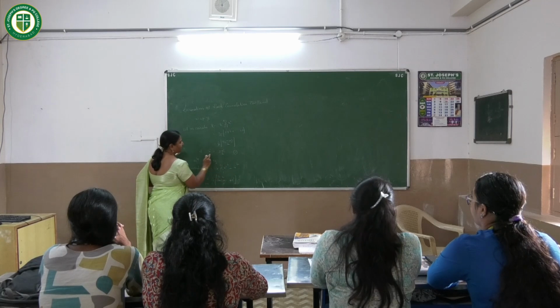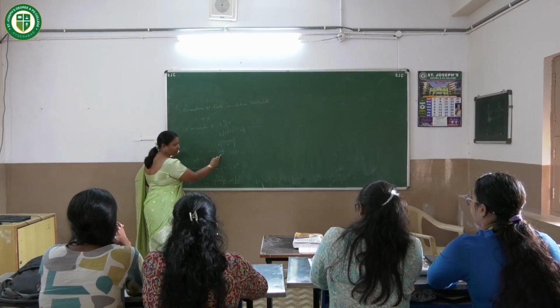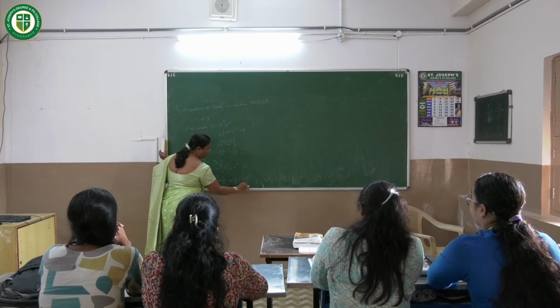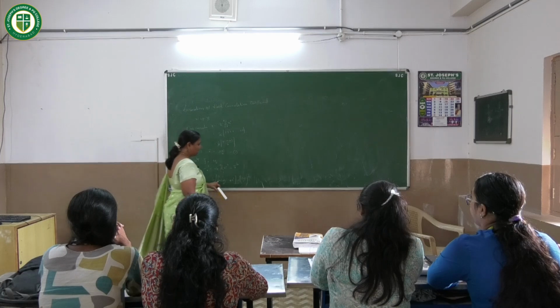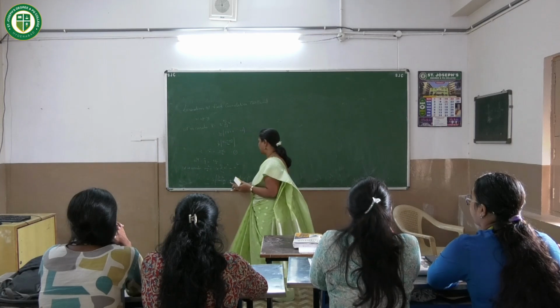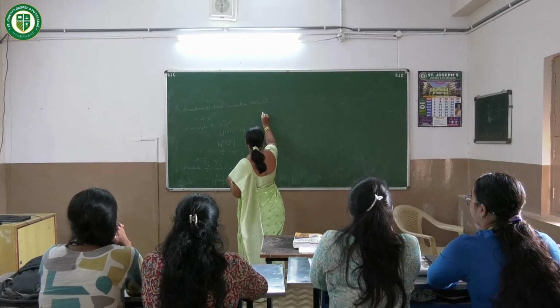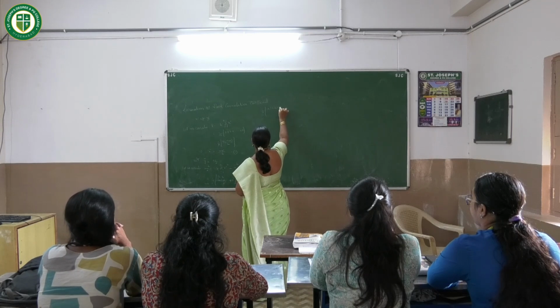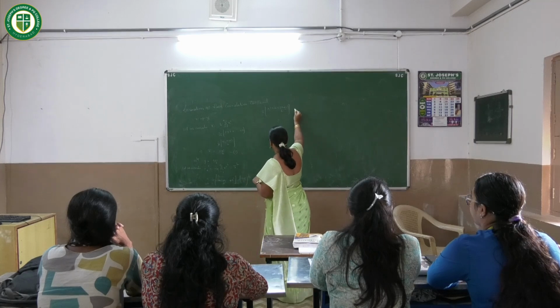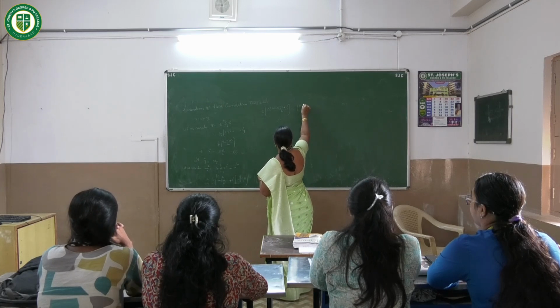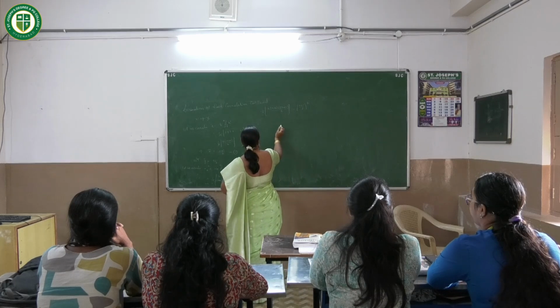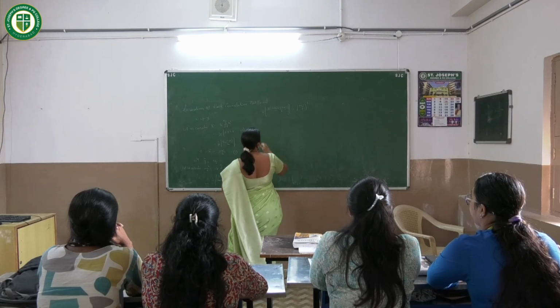Already we know the x bar value is n plus 1 by 2. Substitute this value, n plus 1 by 2 whole square. Sum of squares of n terms. This becomes 1 by n into n into n plus 1 into 2n plus 1 by 6 minus n plus 1 by 2 whole square, which is equal to, n gets cancelled.